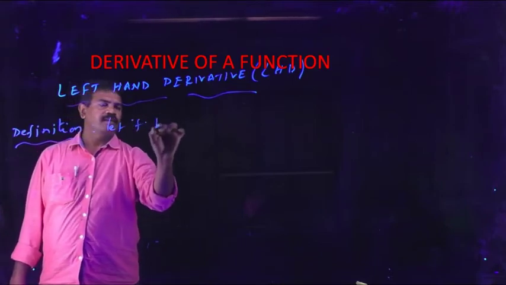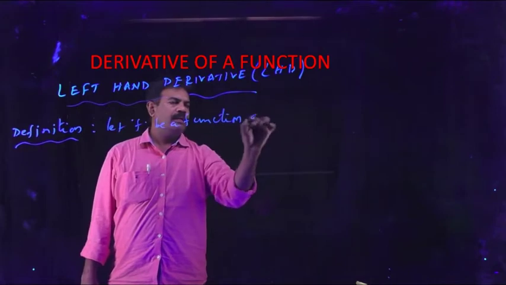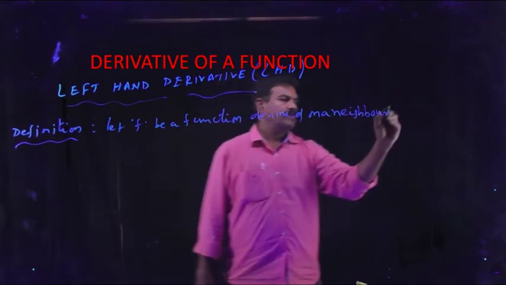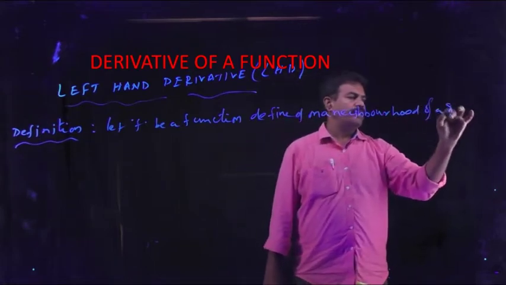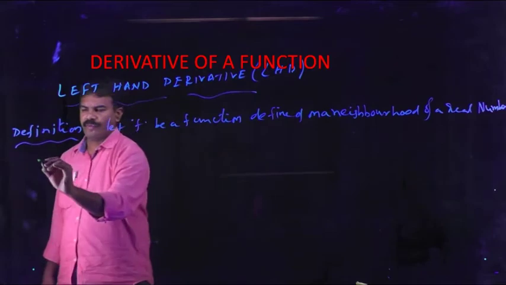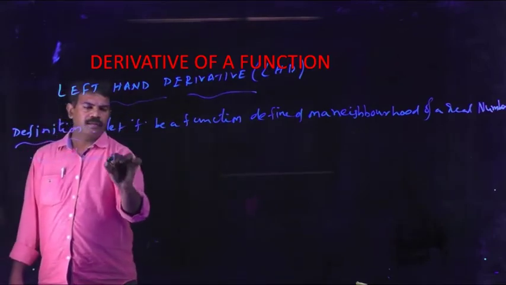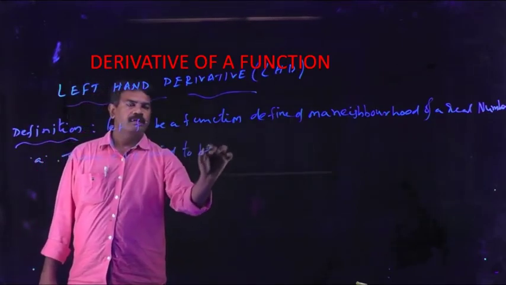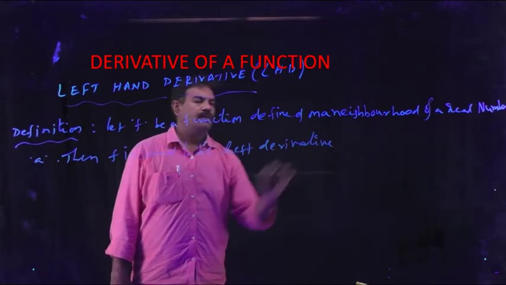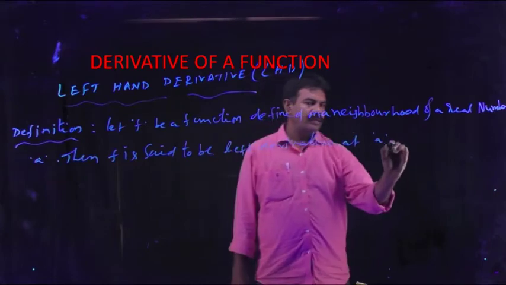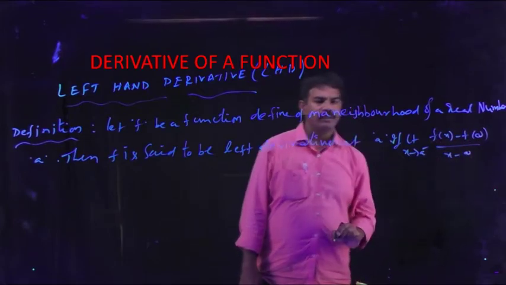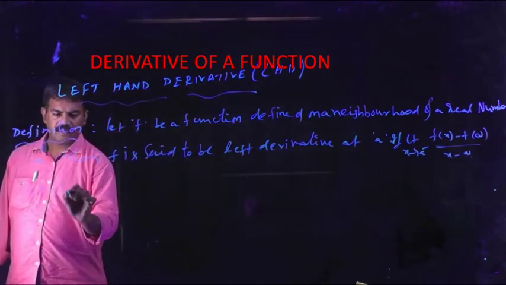Let f be a function defined on a neighborhood of a real number a, then f is said to be left differentiable at a if limit x tends to a minus of (f(x) minus f(a)) by (x minus a) exists finitely.